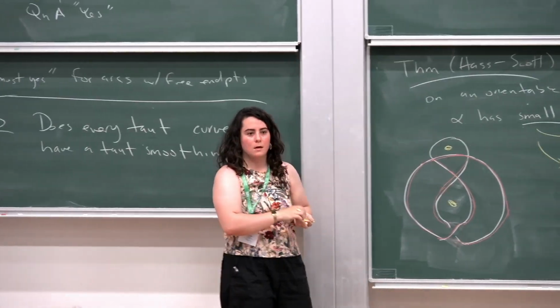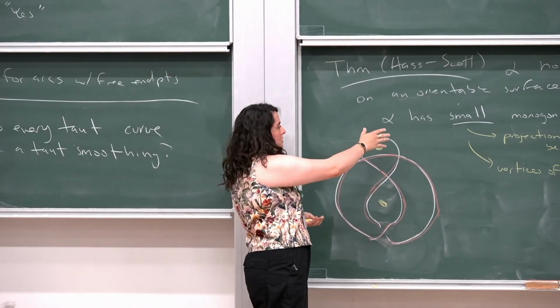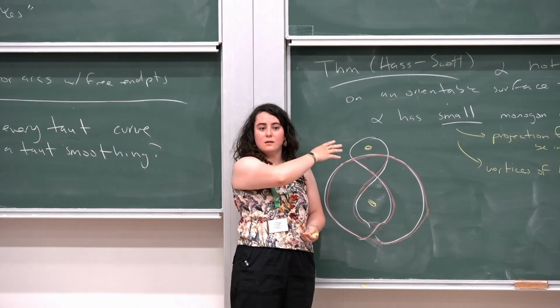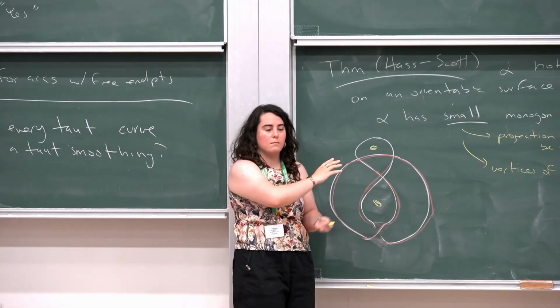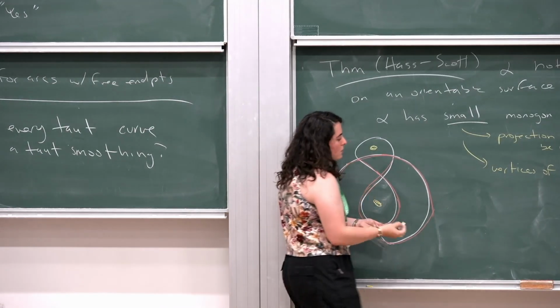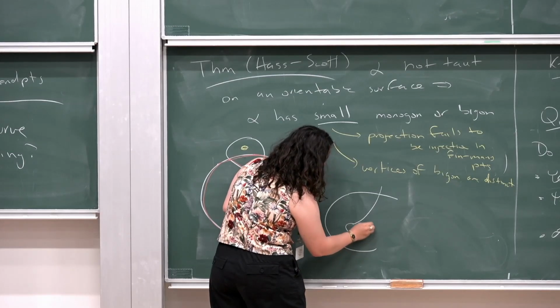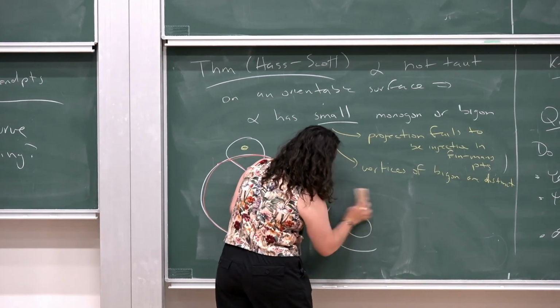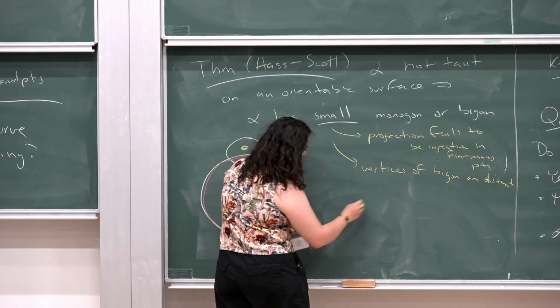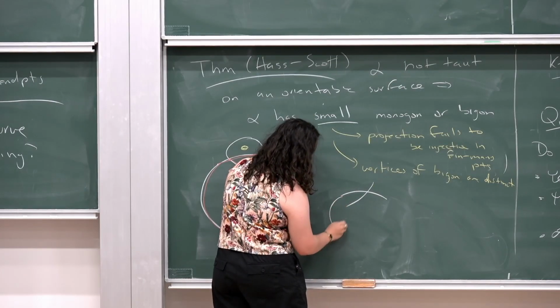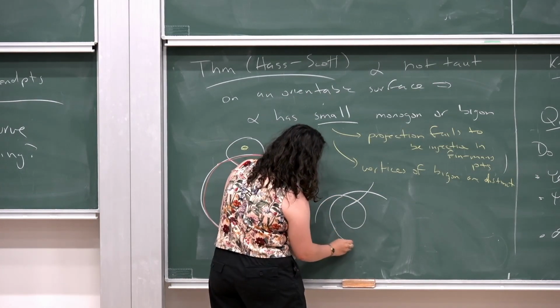There's no other one. The point of this theorem is that if this happens in a curve on an orientable surface, then that's fine because you can still find a bigon where the worst thing that can happen is, this is not a very good picture, the worst thing that can happen, something like this.